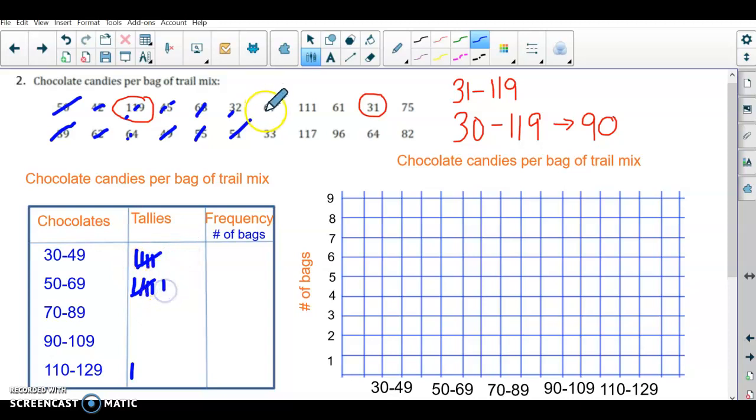And I'm just crossing them off as I go to keep it organized. One 117. Okay, 61 and 96. 31 and 64 and 75 and 82.